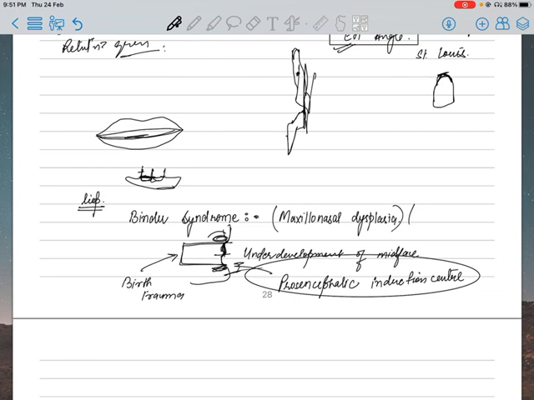And there's obviously a class 3 tendency because mandible आगे आ रहा है, तो Binder syndrome में dysplasia होता है तो class 3 दिखेगा.